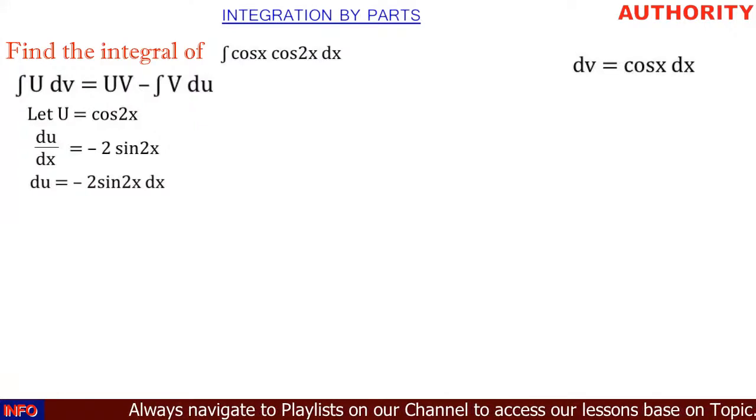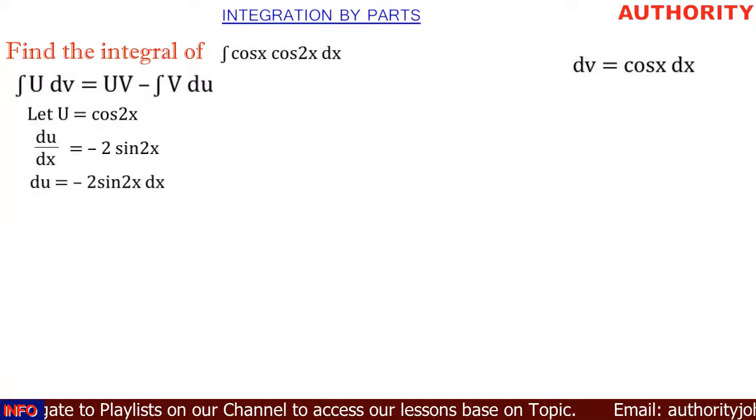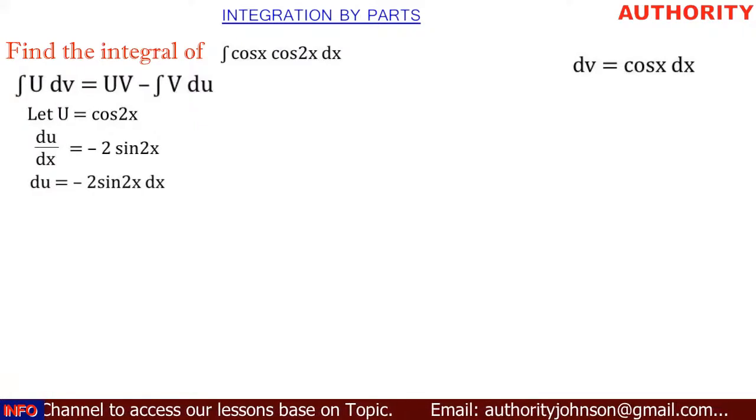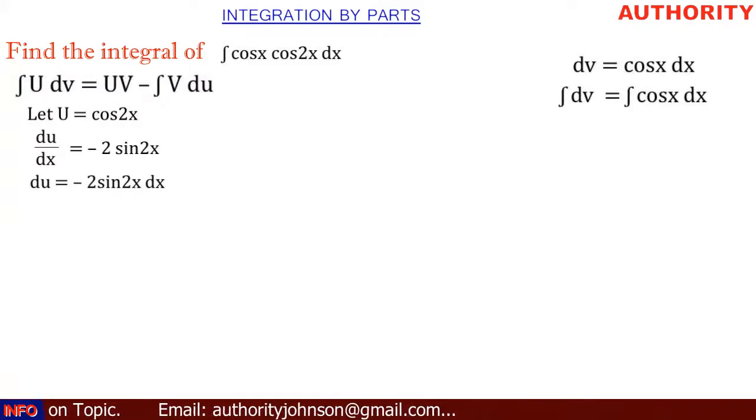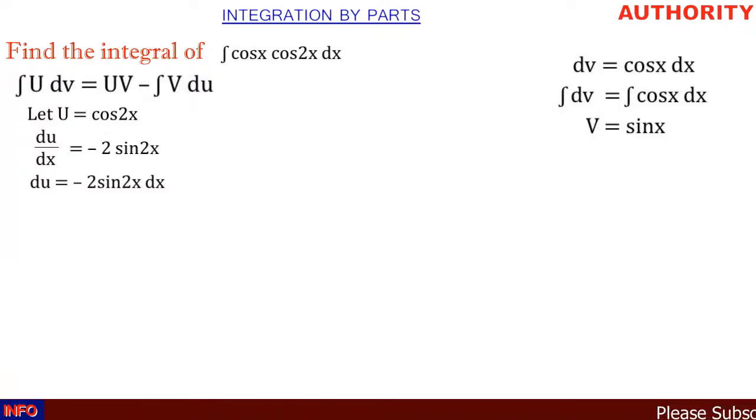For us to do that, we are going to integrate. So the integral of dv equals the integral of cos x dx. The integral of dv gives us just v, and the integral of cos x gives us sine x.